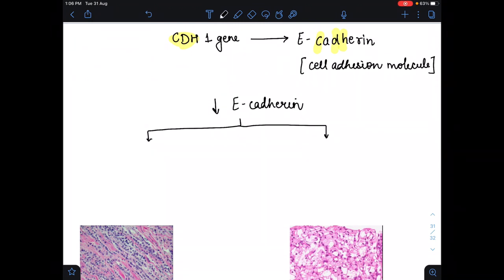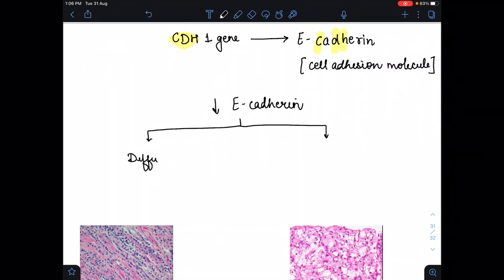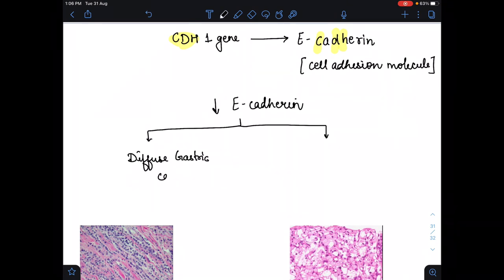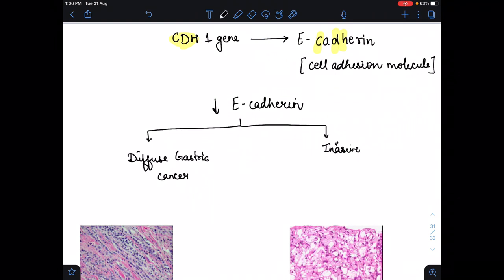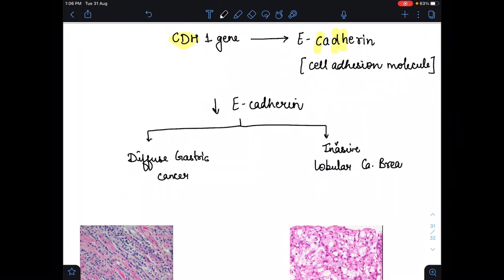It may lead to diffuse gastric cancer, and the other cancer is invasive lobular carcinoma of the breast. So two cancers it will lead to if there is a decrease in E cadherin level: the first one is diffuse gastric cancer and the second is invasive lobular carcinoma of the breast.